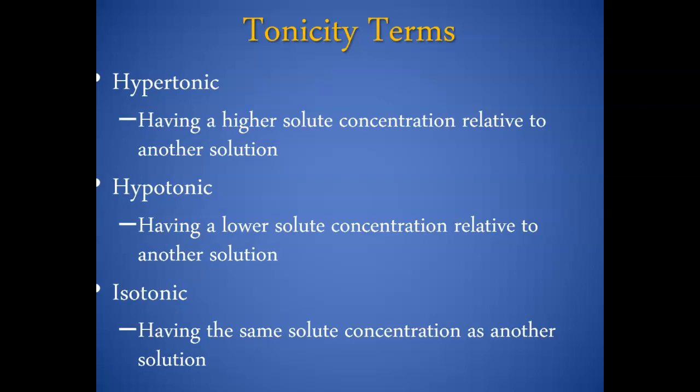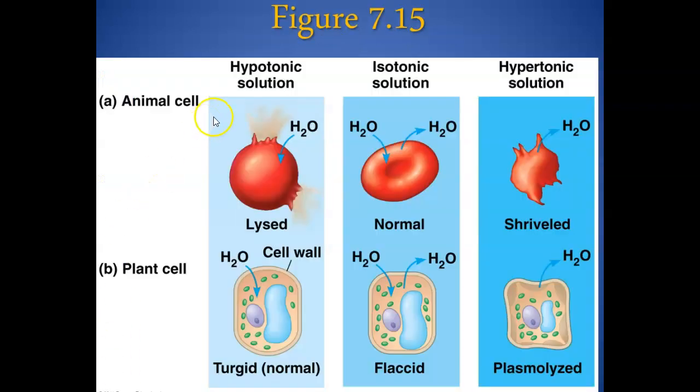So how does this behave in the context of an animal cell and a plant cell when you have a hypotonic, a hypertonic, or an isotonic solution? In hypotonic solutions, these have less solute concentration compared to the inside of the cell. Then in which direction will the water move? It will move towards where you have higher solute concentration. So the water moves inside the cell.